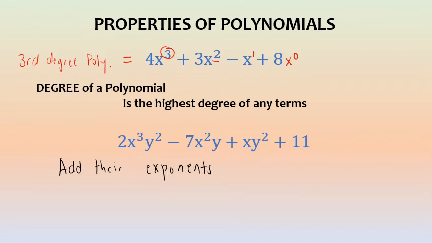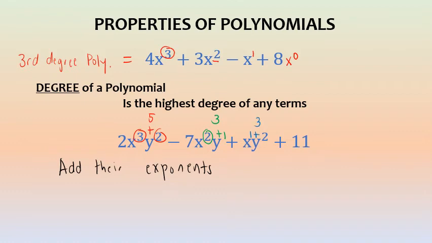So sige, let's find out. What is 3 plus 2? So let's find the sum of the exponents. So this is 5. What about 2 plus, what is the exponent of y? This is 1. So what is 2 plus 1? That is 3. Okay? And what is x? So what is the exponent of x here? That is 1. So what is 1 plus 2? That is 3.